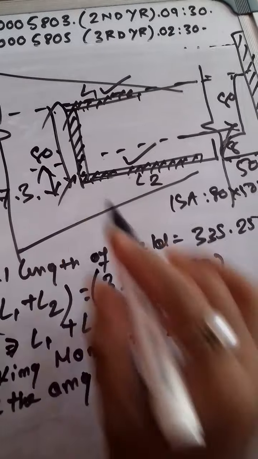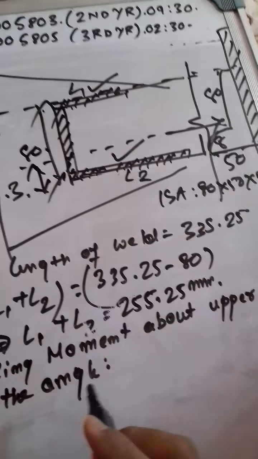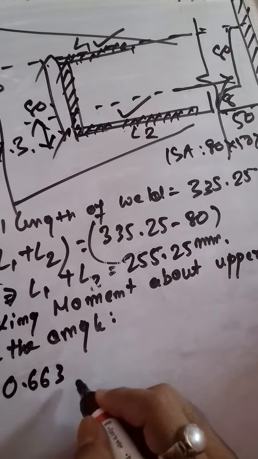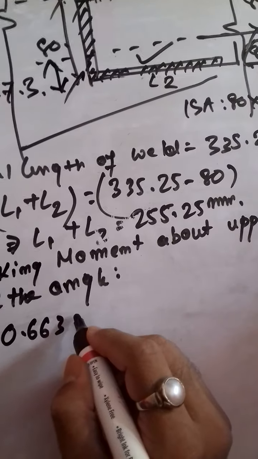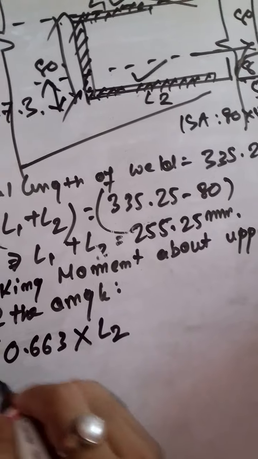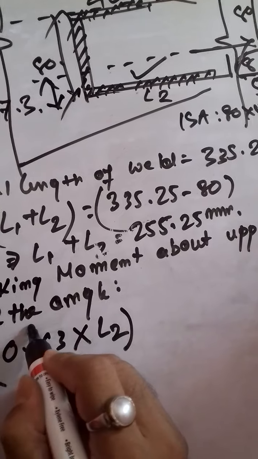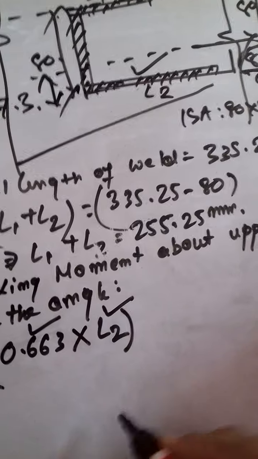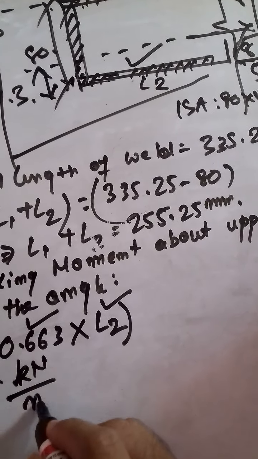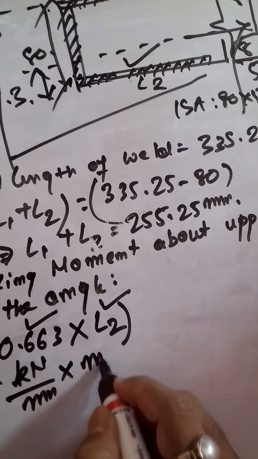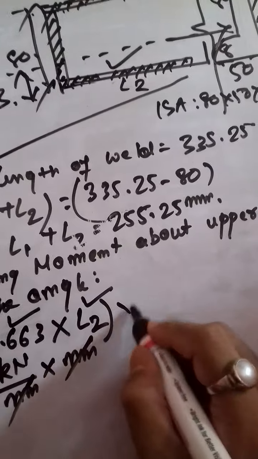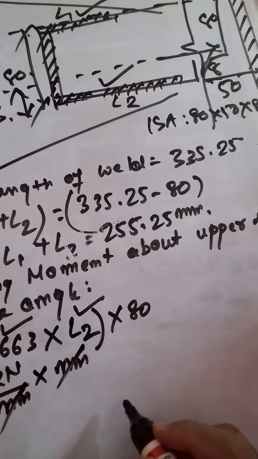We know the force per unit length, that is 0.663 kilonewton per mm, multiplied by L2. This is the force per unit length multiplied by the length. That is kilonewton per mm multiplied by mm, mm gets cancelled out. This is the total force multiplied by distance.